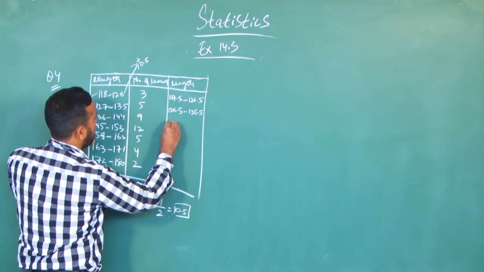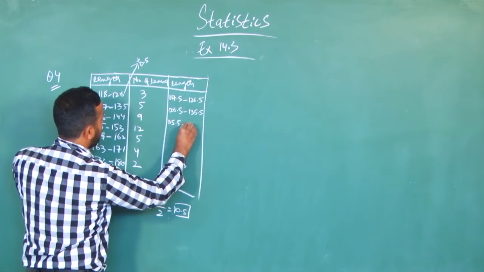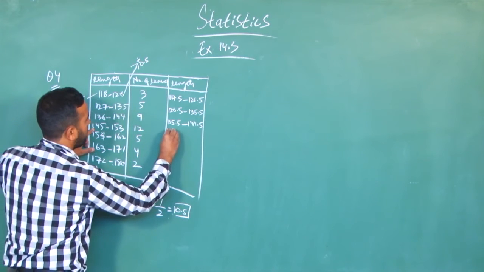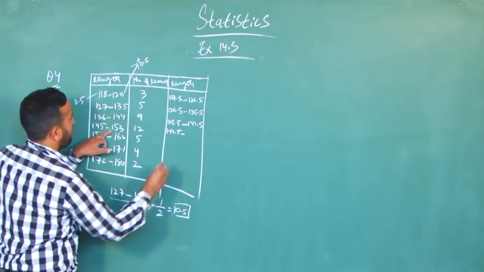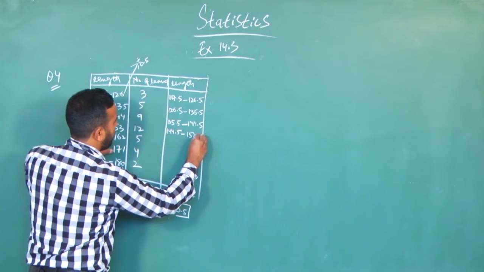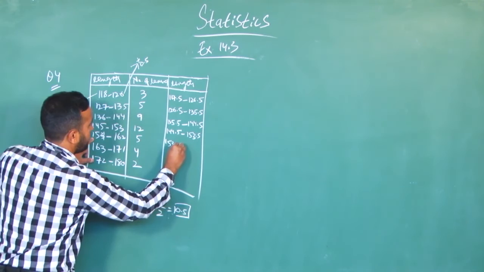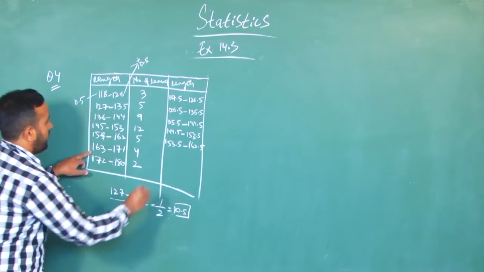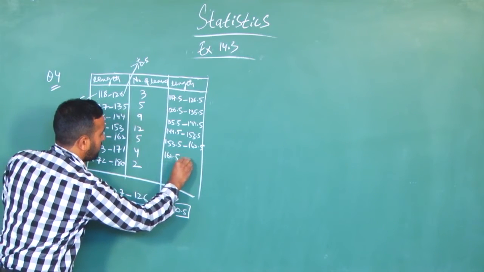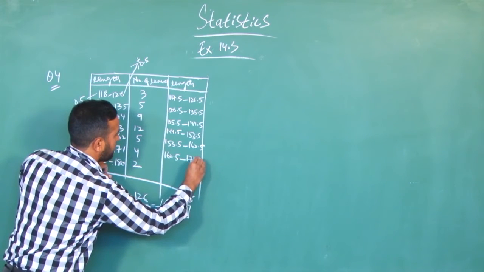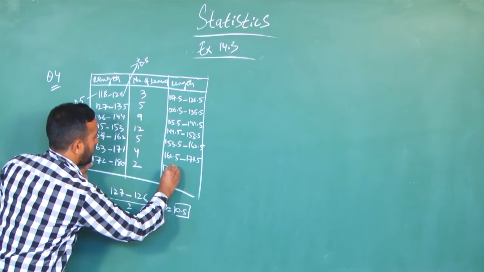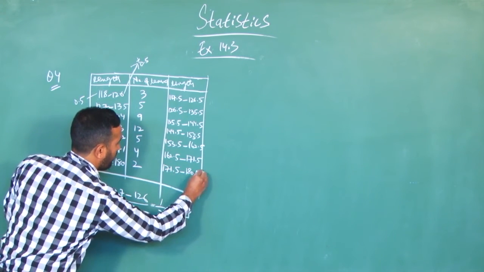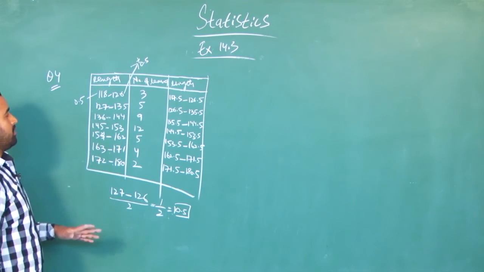It will be 135.5 here, and then 144.5, then 144.5, and then we have 153.5, then again 153.5 to 162.5, then it is 162.5 to 171.5, then the last one 171.5 to 180.5. Now we have transformed the data into the continuous form.